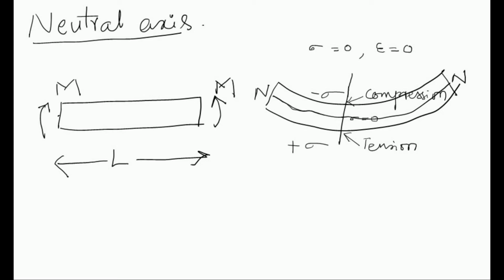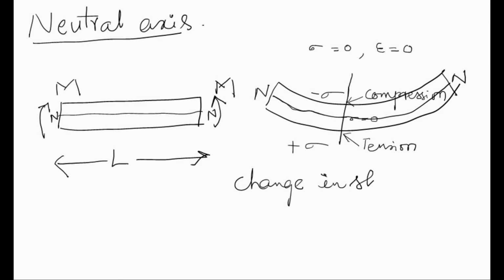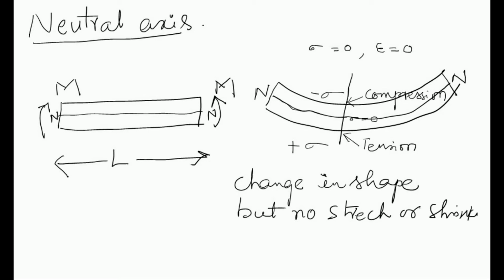So since there is no change, it is called neutral layer. Let's say the layer before bending is N, length of the layer is L, and after bending there is change in shape, but there is no stretching or shrinking.